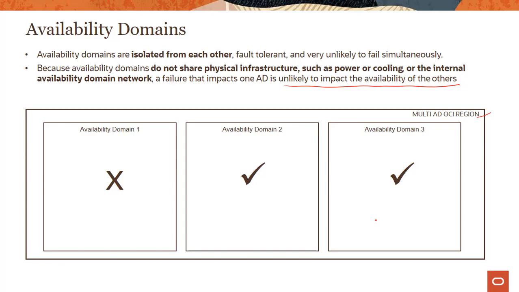Though we have several mechanisms to prevent that from happening, but let's say there's a power failure, there is flooding, there is a natural disaster like an earthquake or something, right? So it just impacts that particular AD. It might be unavailable, but your other availability domains are still up and running and available. So that's all pretty much on availability domains.